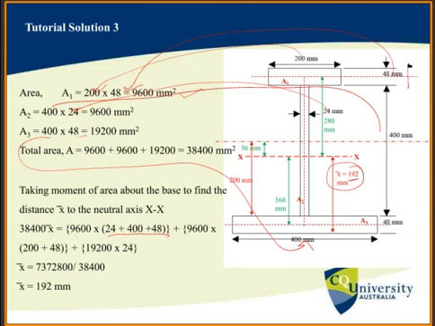This is 48. Half of this area, that is the center, will be 24. This is 24 plus 400 plus 48. So this area is multiplied by this distance. Is it clear to you?